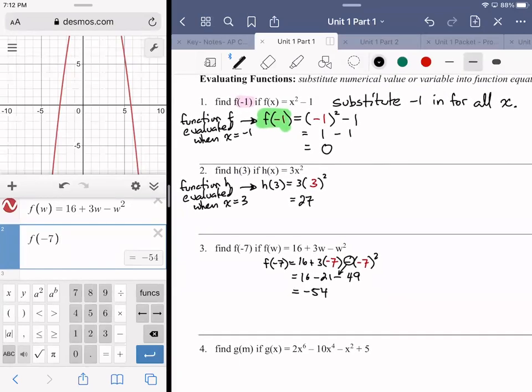So just when I sell you on Desmos, I switch it up, and now it's saying find g of m if g of x is equal to this. 2x to the 6th minus 10x to the 4th, and so on. And you look at it and say, all right, I was with you, but now what do I do? You do the same thing, except you can't use Desmos for this.